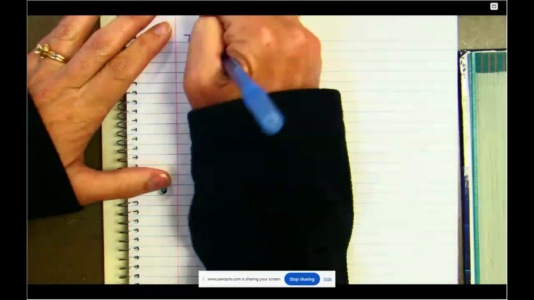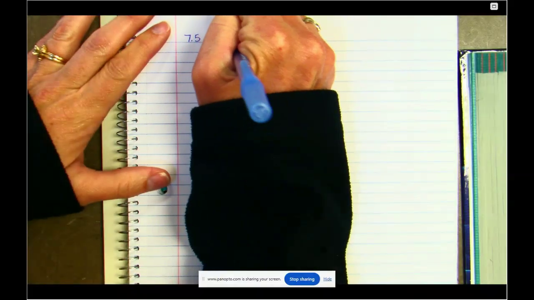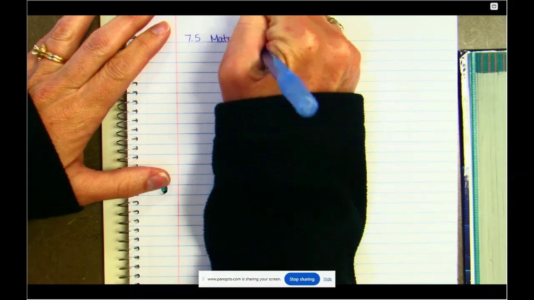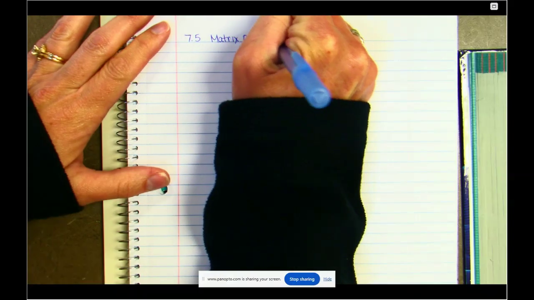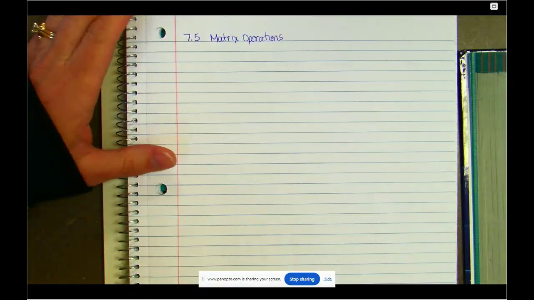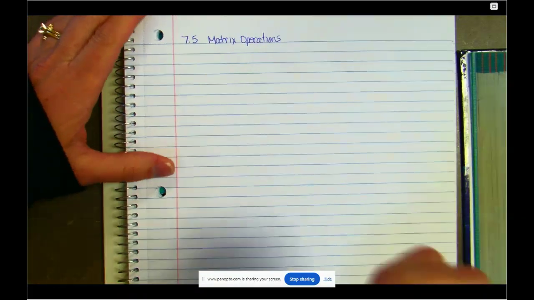Not a test, a quiz. Guessing a quiz on Thursday, test on Monday next week. I'll tell you by the end of the hour for sure. It just is what it is. Quiz on Thursday is my guess. Test on Monday.